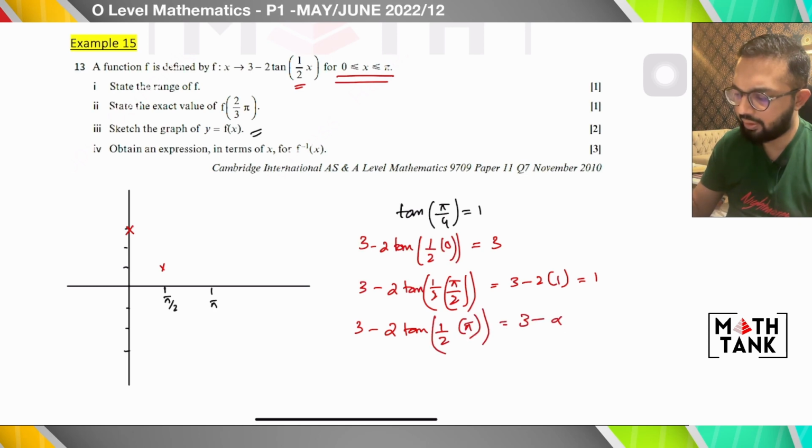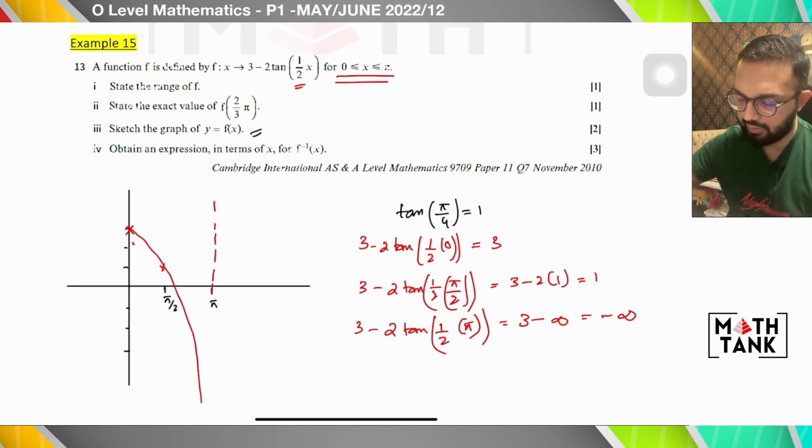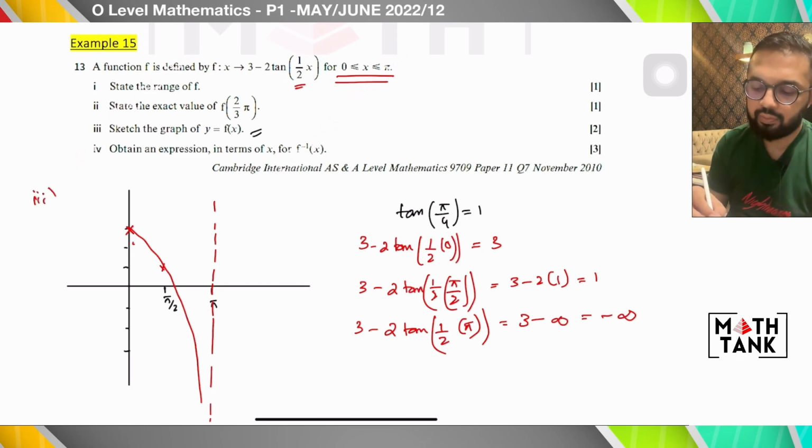So this becomes 3 minus infinity, because it's going to give me an error. So this becomes minus infinity. That tells me that the graph has to look something like this. This is what this graph will look like. So that's the sketch of the graph. What is the range now? I'm going to say that the range is y is less than or equal to 3. It's starting from 3 and going to negative infinity.